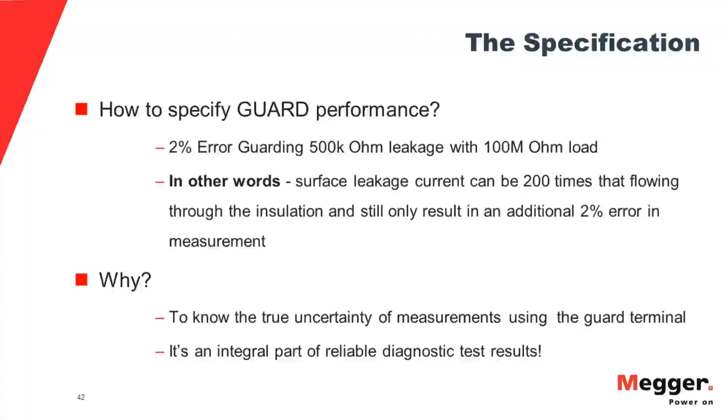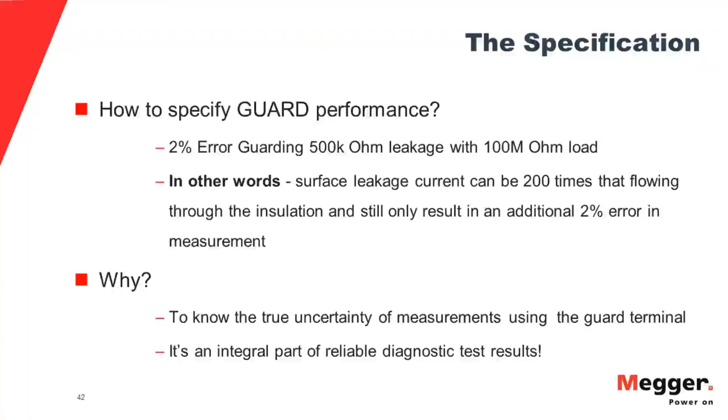What some manufacturers do is put a high resistance in the guard terminal circuit. This defeats the purpose of having the guard terminal. On the other hand, if you have it at low resistance, now you've got a potentially dangerous path into the instrument for your arc flash protection.